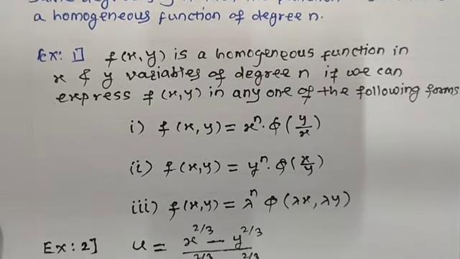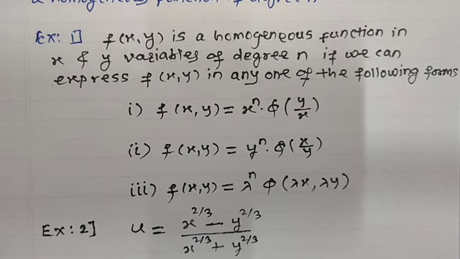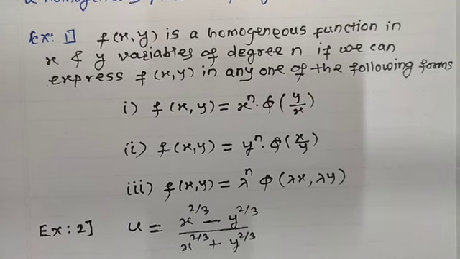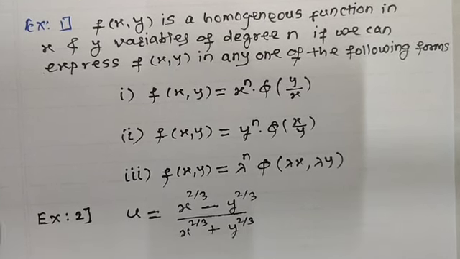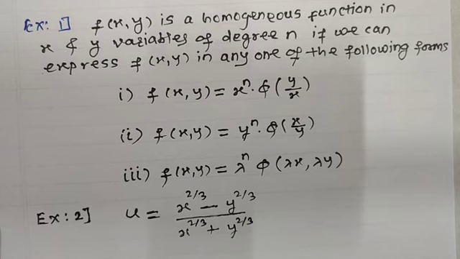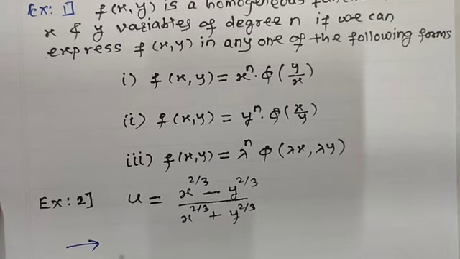Let us consider one example. Suppose this example is given: u is equal to x to the power 2 by 3 minus y to the power 2 by 3 divided by x to the power 2 by 3 plus y to the power 2 by 3. And here we have to find out degree of this function. Very simple. What we have to do? Simply replace x by lambda x. X is replaced by lambda x.